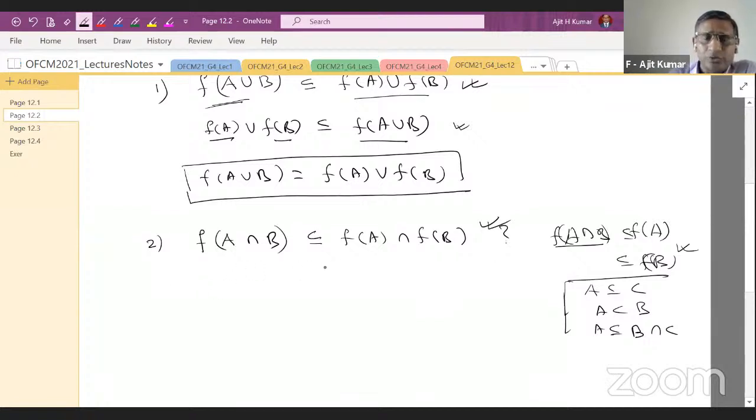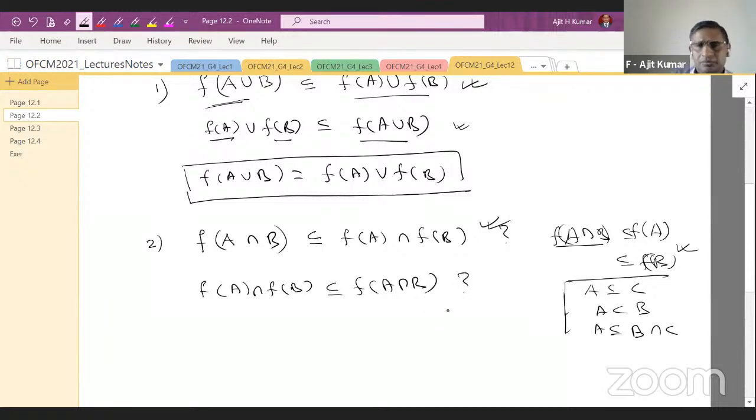Fine. So let us try to explore what happens on the other side. If I look at f of A intersection f of B, is it a subset of f of A intersection B? This is what we want to explore now.